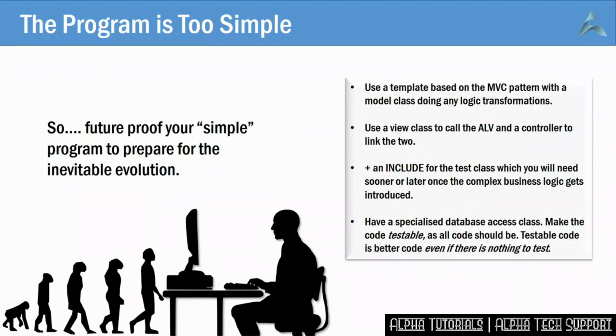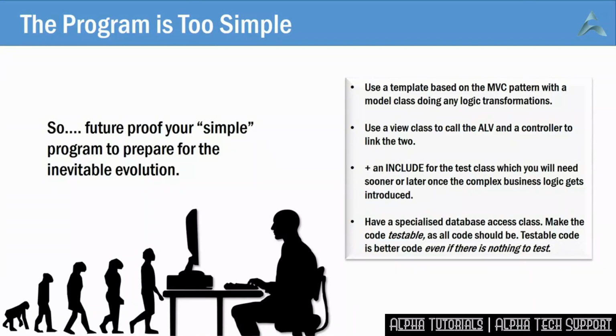I said before that testable code is better than normal code, even if there's nothing to test, because you're forced to do a good design. On a practical level, if you've got a template, then creating a new report is really simple because you just call up a blank template and start filling it in. So it's almost as fast as writing a simple program anyway.